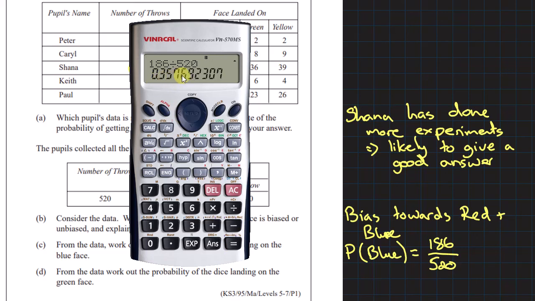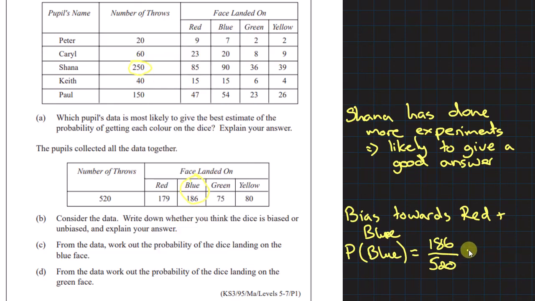The 7 rounds up the next one, so 0.36. That means about 36% of the time, people often talk percentages with probability, we would get a blue, on average. We'd have to do it lots and lots of times, and the more times we do it, the closer we should get to that 36.